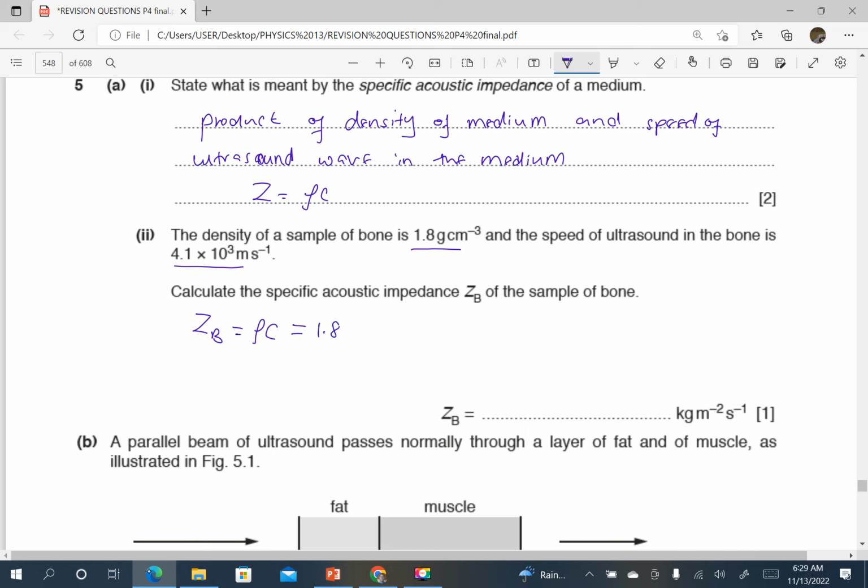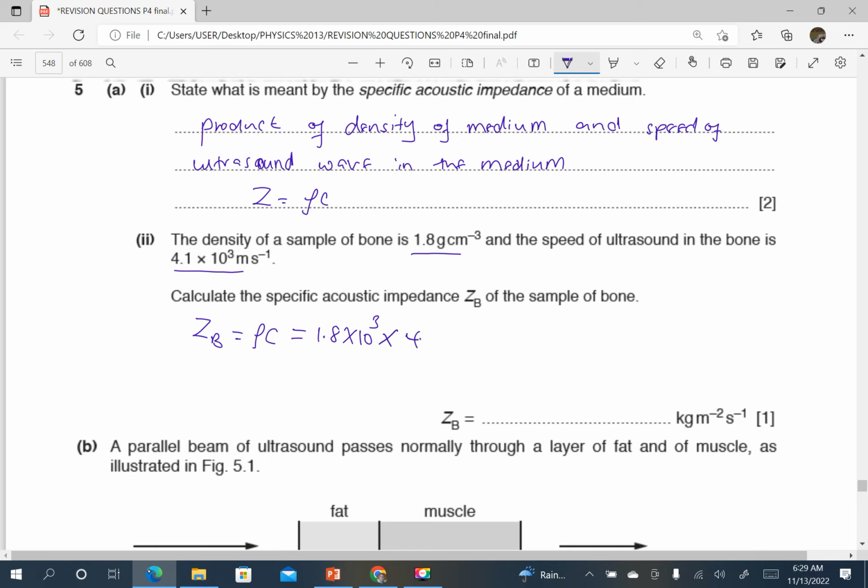Of course, we can remove the grams per centimeters cubed. We change it to kilograms per meters cubed. That is times 10 power 3 in kilograms per meters cubed. Then times the speed, which is 4.1 times 10 power 3.